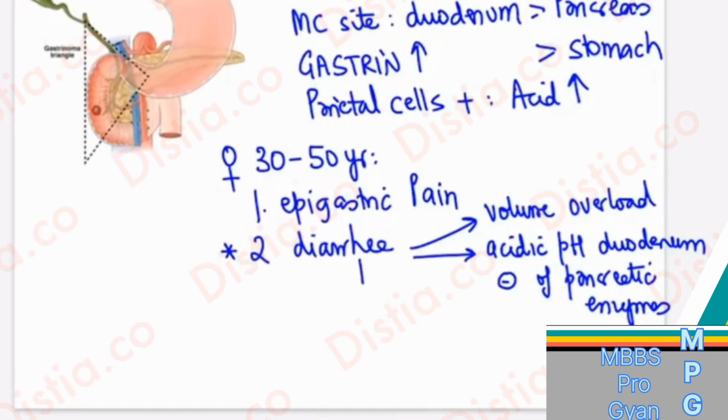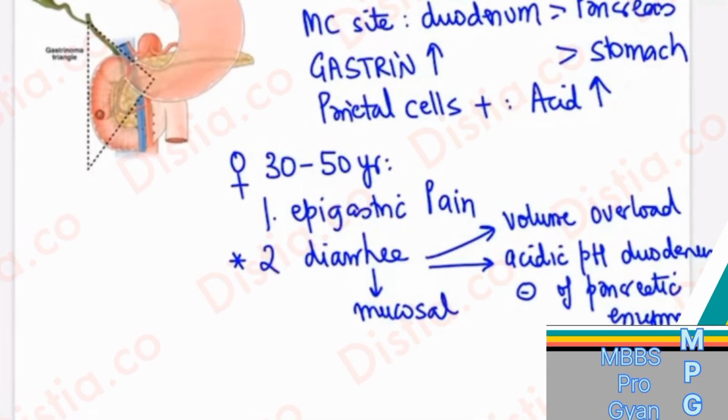The third reason that can explain the diarrhea is direct mucosal damage. The small intestine has acid coming in, an influx of acid from the stomach in large amounts. The tumor is present in the duodenum, but when it produces the hormone gastrin, it stimulates the parietal cells.